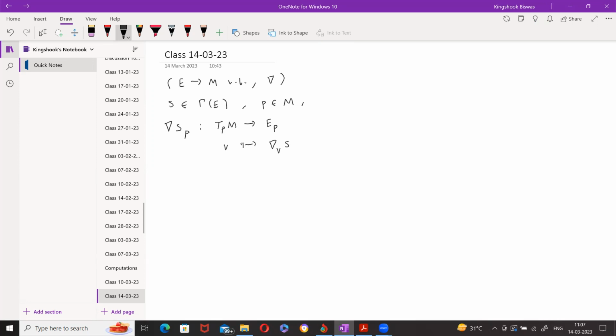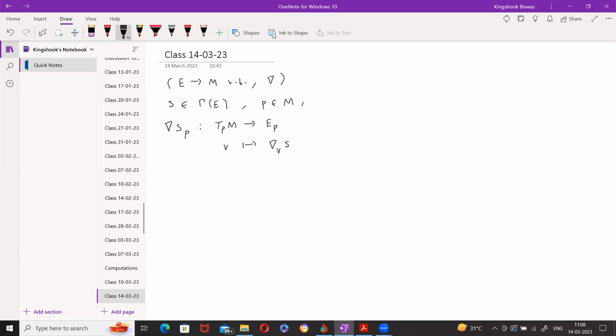Remember, any connection in the first variable can be localized to a point. That means if I put in a vector field X here, then nabla X of S only depends on the value of X at the point P. So in the first variable, the connection can always be localized to a point.